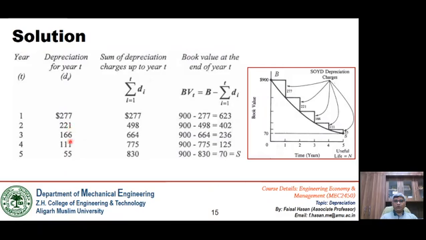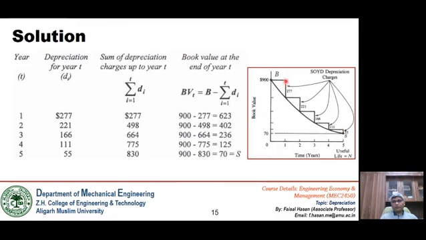Similarly for the second, third and fourth year, and similarly if we see at the end of 5 years, the book value is coming out to be same as the salvage value of that particular asset. Now if we compare this representation with the straight line method, in the straight line method all these points lie on the same straight line, but here we are having a curve.